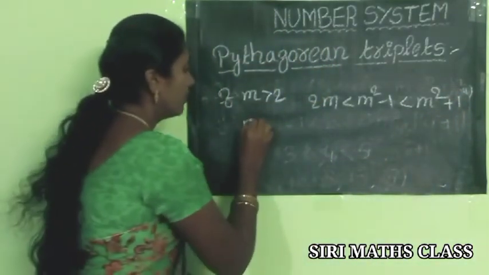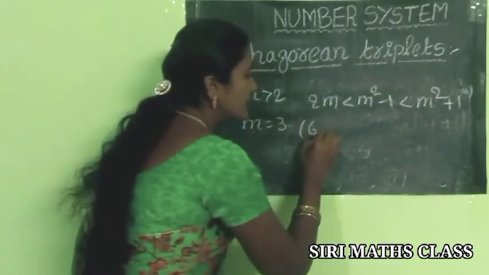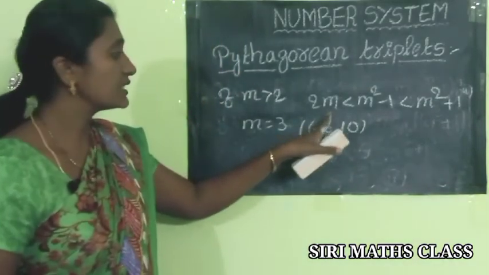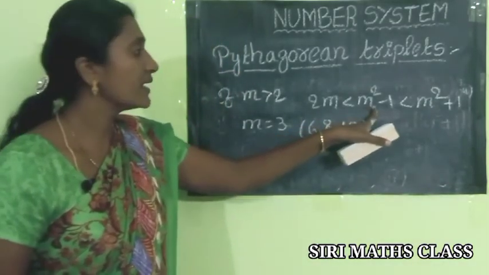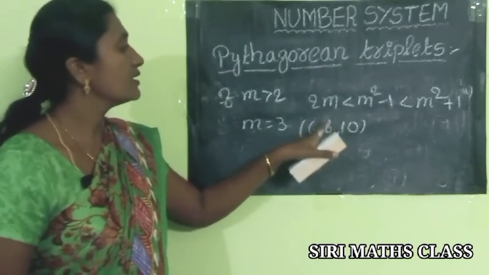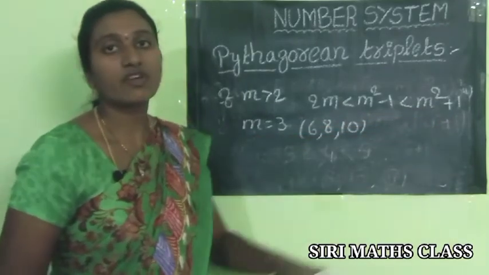We can check. M equal to 3, what do we get as the answer? 6, 8, 10. 2m value is 6, m square minus 1 is 8, and m square plus 1 value is 10. That's why 2m is less than m square minus 1, less than m square plus 1.